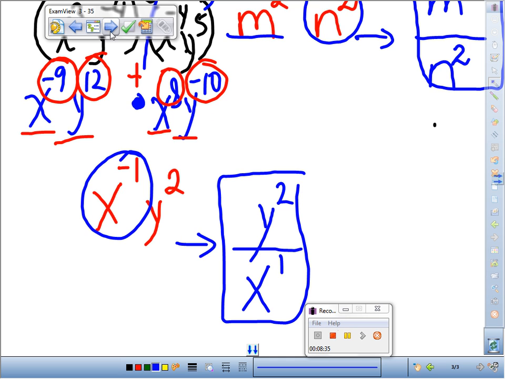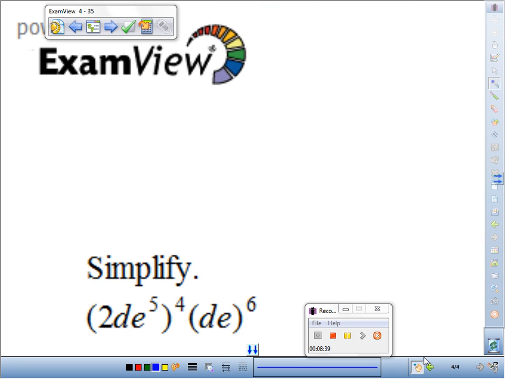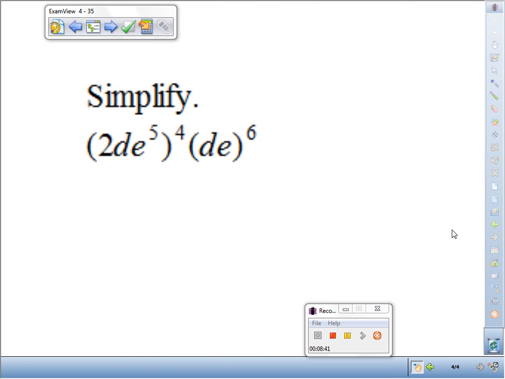Go to number 4. All right, so this one, this one right here, pay attention please, is very similar to the one we just did.